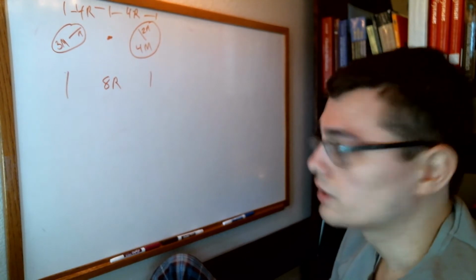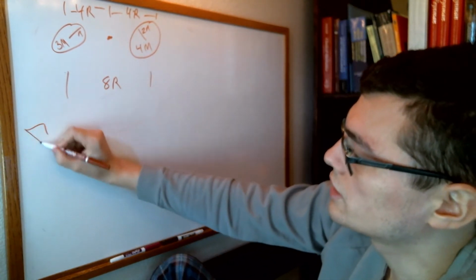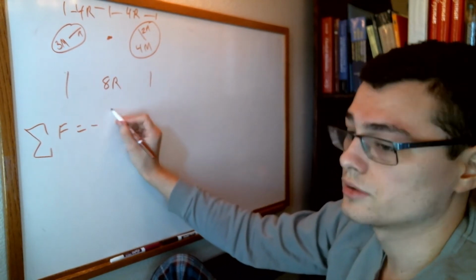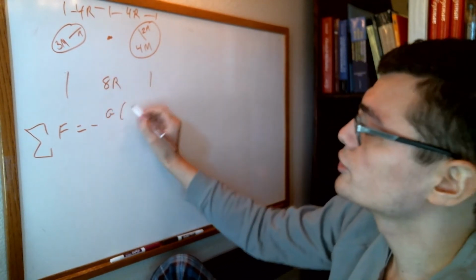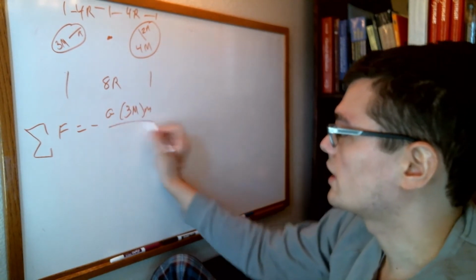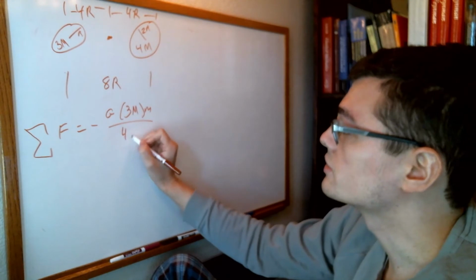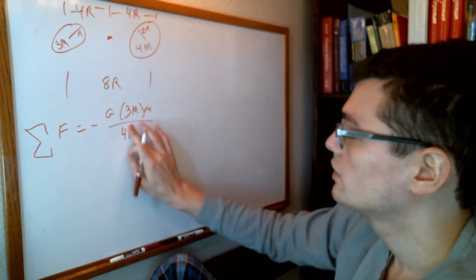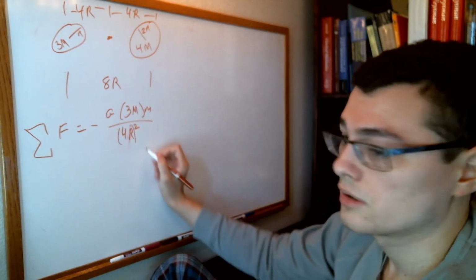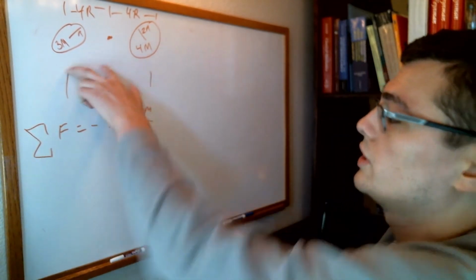In this case, we just have to sum up the forces. So sigma F is going to be equal to negative G for the first planet, and then we go 3m, and then the mass of the rock, little m, and this is going to be over 4r squared, because that's the distance between the rock and the planet here.